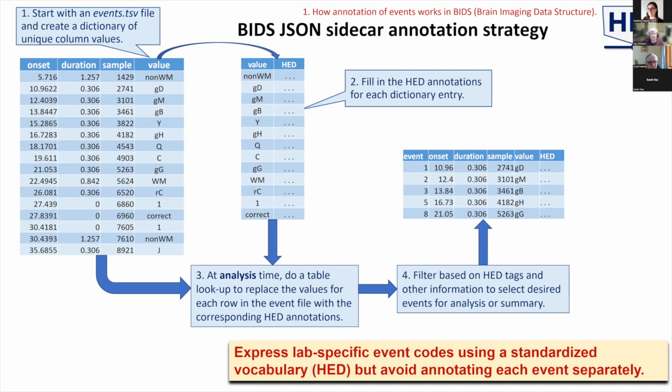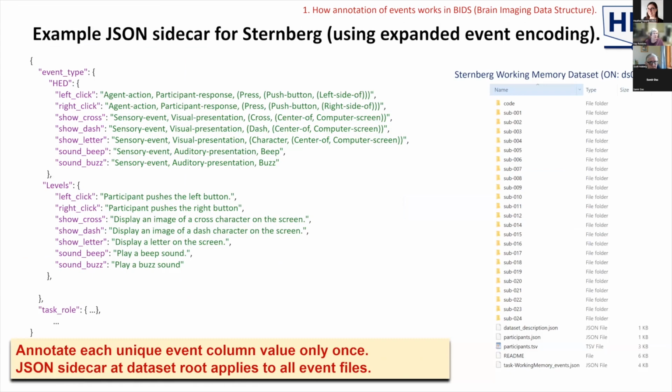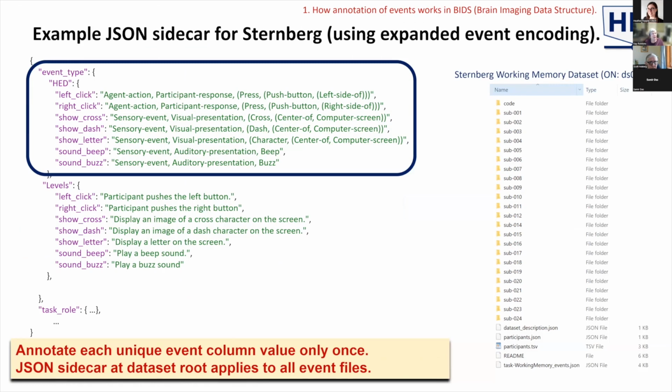So let's look at how this actually looks in a JSON file. The JSON file that might be used to annotate the dictionary we saw here, this is what it looks like. Each column in the spreadsheet that you're going to annotate is a key in this dictionary.